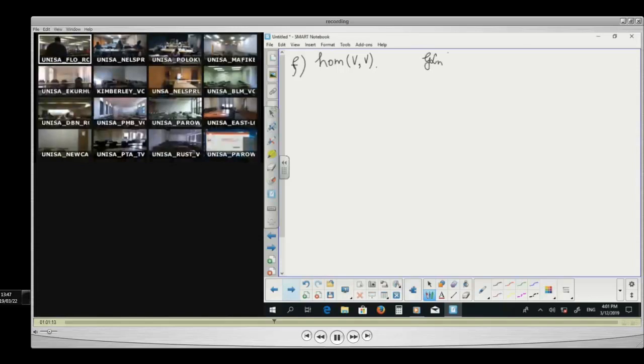So the matrix map in this case is much better behaved. This map can take B to A. Okay, B and A are two bases.